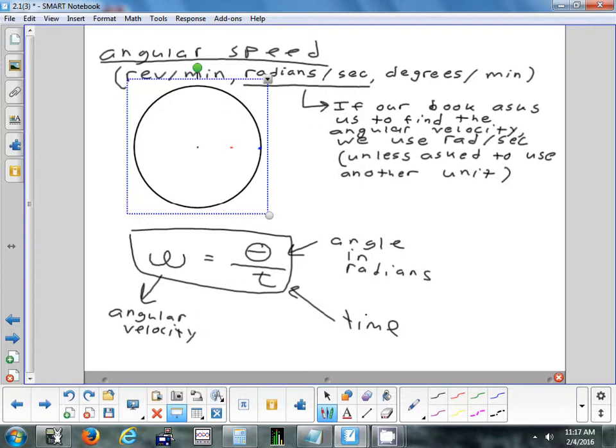We still have time in the denominator, but we don't have distance in the top. It's your angle divided by time, whether you measure it in revolutions, radians, or degrees. Those are the 3 ways you can measure something spinning.